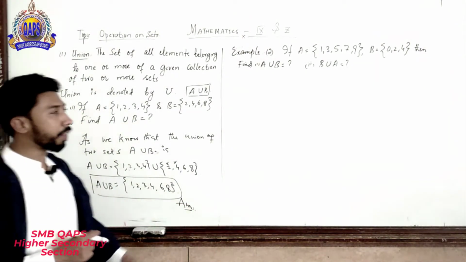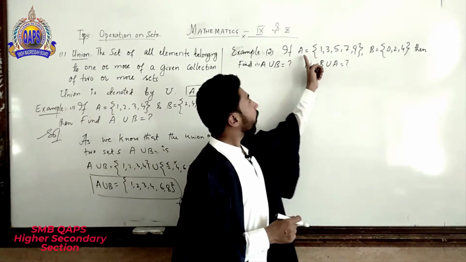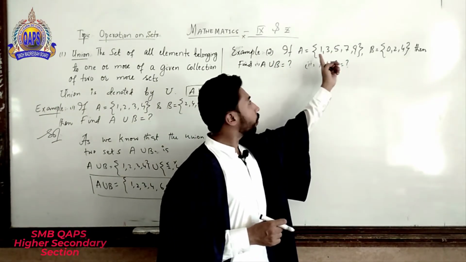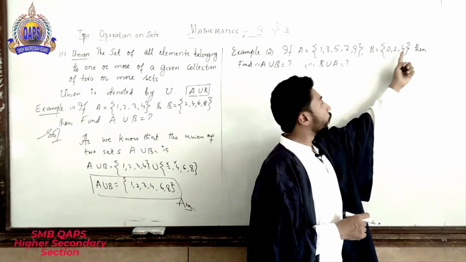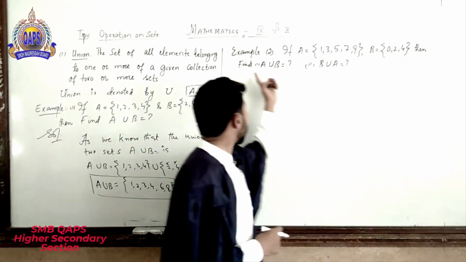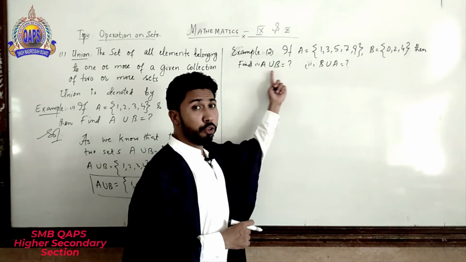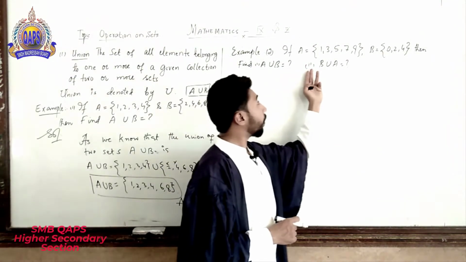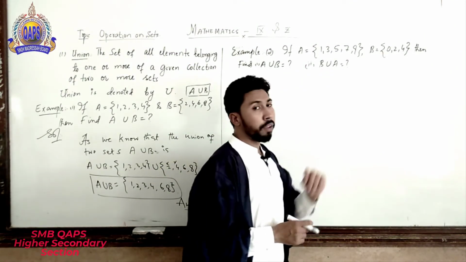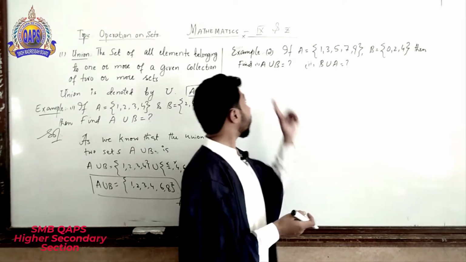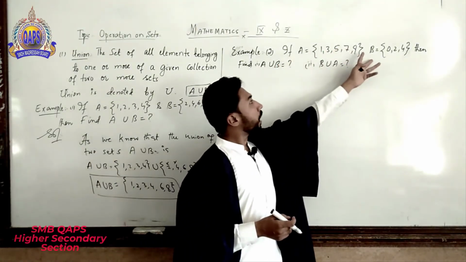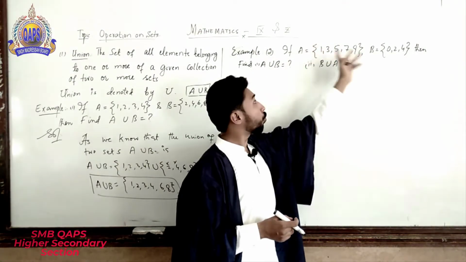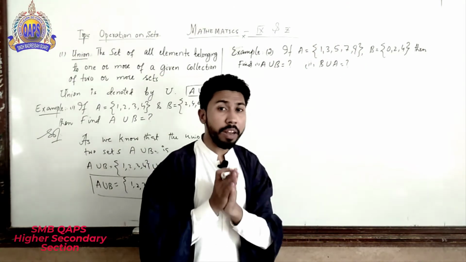Now the second example: A contains 5 elements 1, 3, 5, 7, 9 and B contains 0, 2, 4. Find number one, A union B, and number two, B union A. First we find A union B, because between the two sets there are no similar elements.